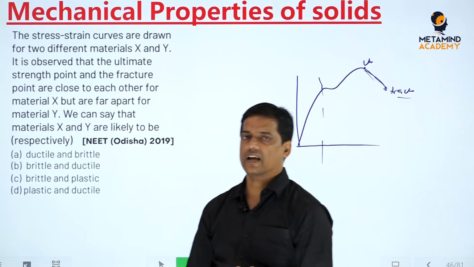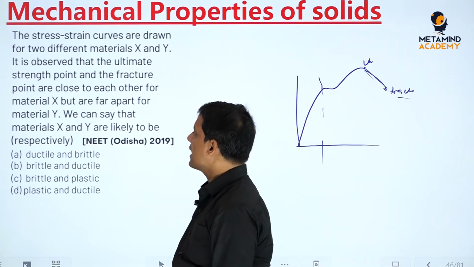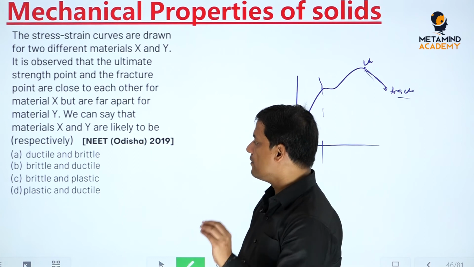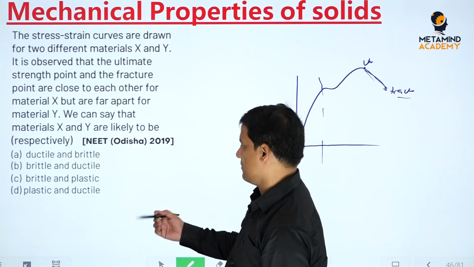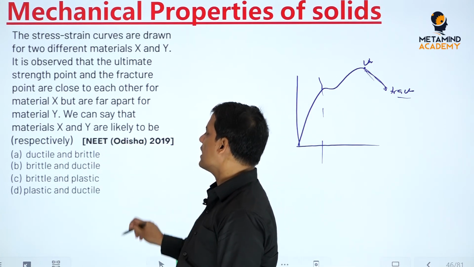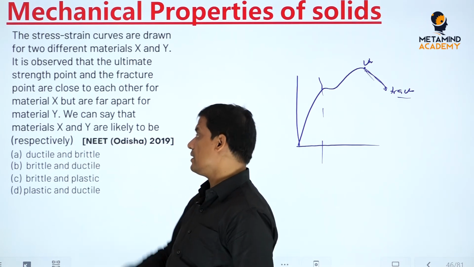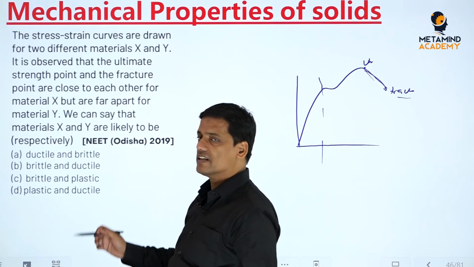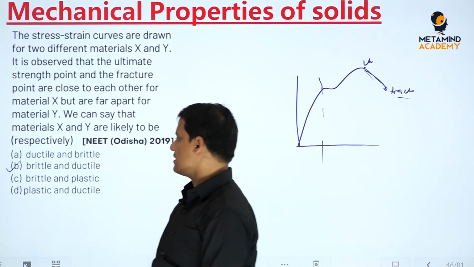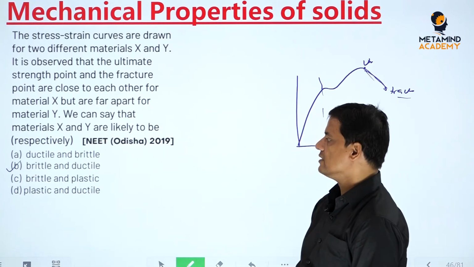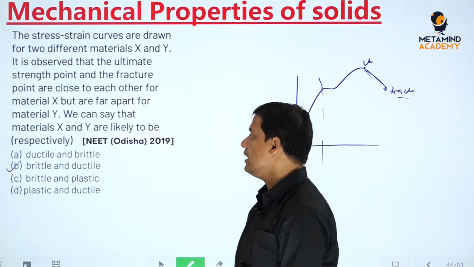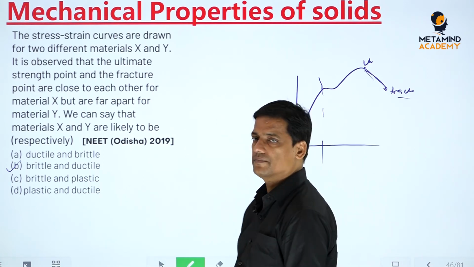Breaking is called fragile. So X is closer, so X should be brittle, and Y should be ductile. A cannot be ductile because it is closer, A can be brittle, B can be ductile, plastics no chance, so B is the answer. X is brittle and Y is ductile.